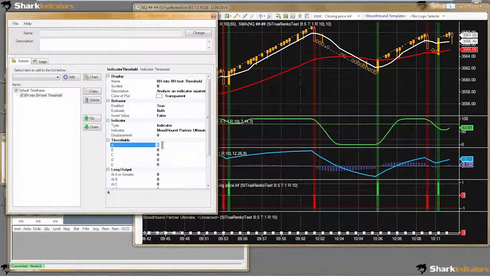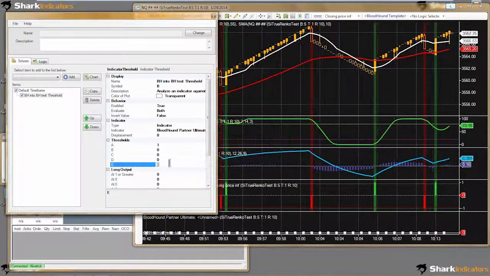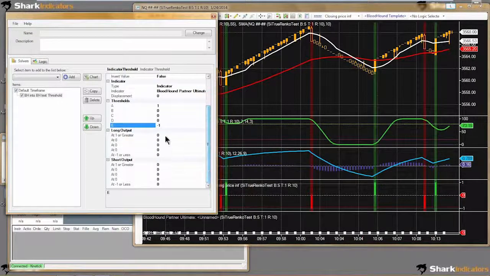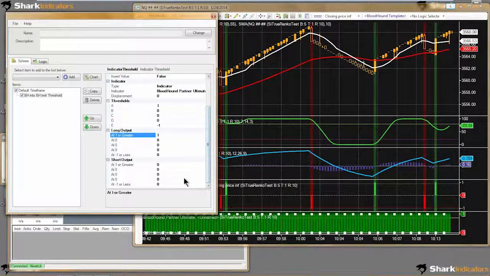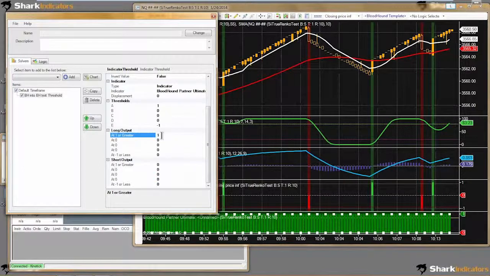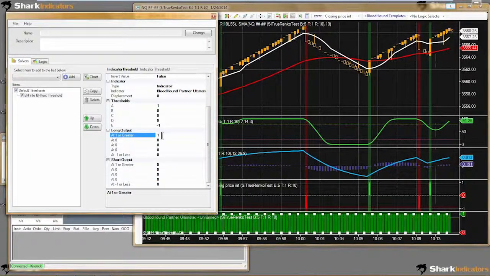Alright, the next step is I just need to put some threshold values in here. There we go. And then set up my short outputs. Keep in mind the threshold solver is the one solver that does not have any outputs predefined.